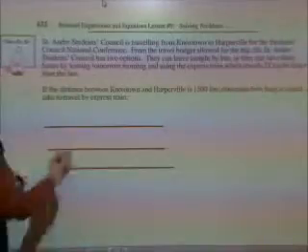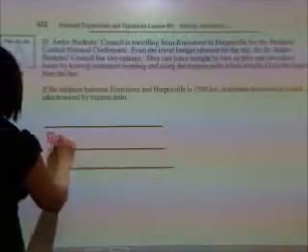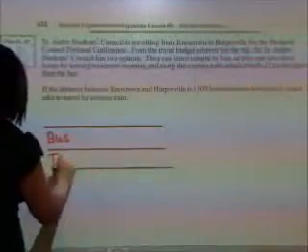And in my chart, what I will have is my 2 modes of transportation. I can take the bus, and I can take the train.